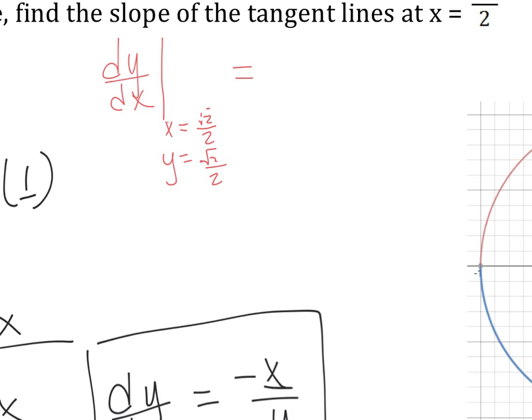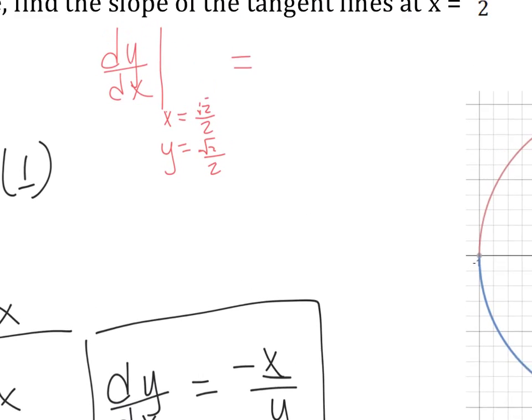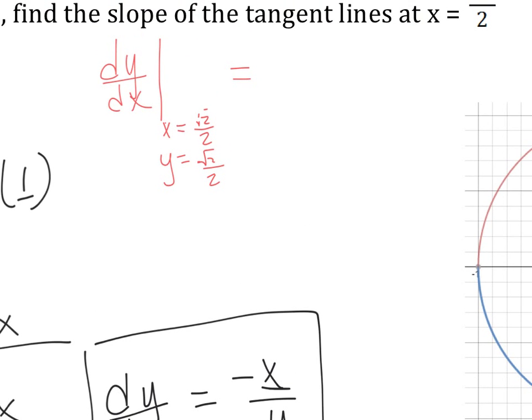Plugging it in, we end up getting negative square root of 2 over 2 divided by the square root of 2 over 2. And this ends up giving us negative 1. Now we have to think about what this number is.